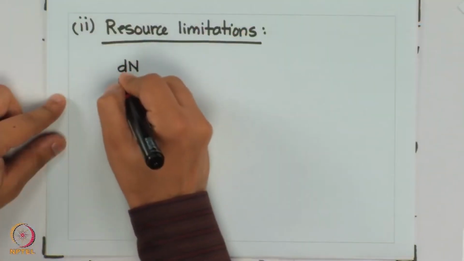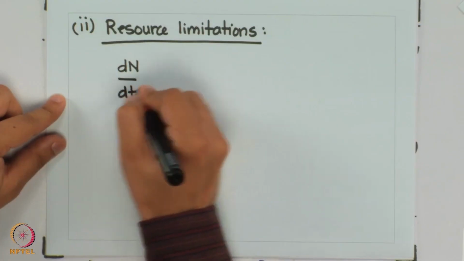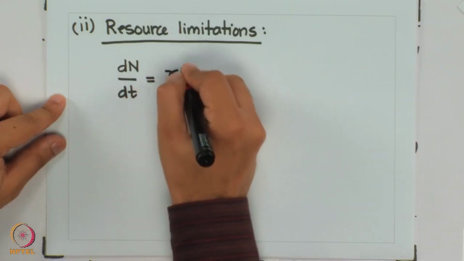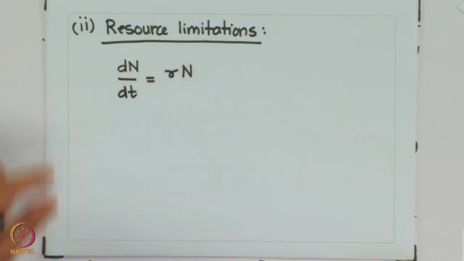So, this is a very important aspect associated with growth models, and we want to understand how we can do that. So, when we have unconstrained growth, we have dN/dt equals R times N. Now, N here is the number of bacteria at time t, dN/dt represents the rate at which that number is changing with time.